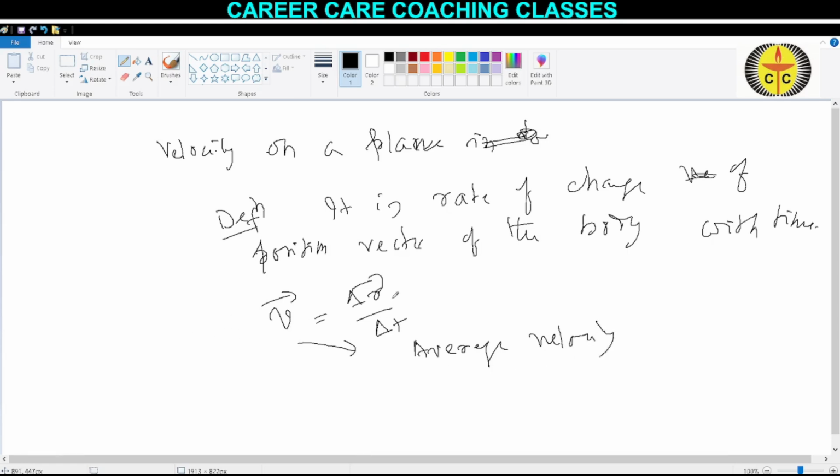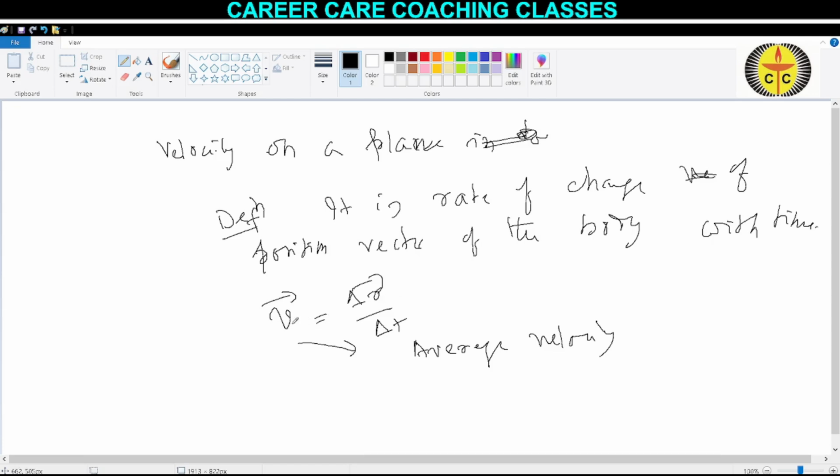If the displacement is equal in equal intervals of time, this velocity is called constant velocity or uniform velocity.